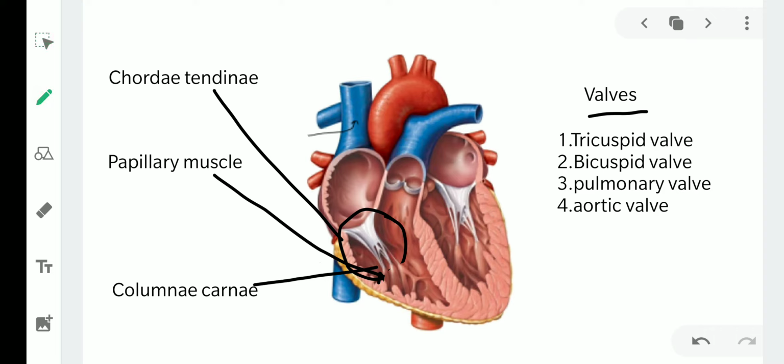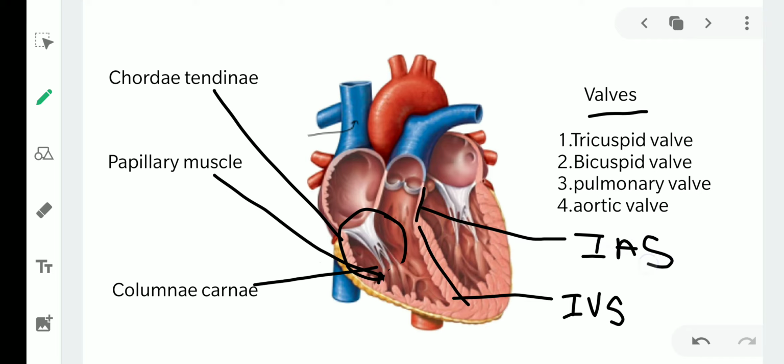Now let's talk about some septums. Two septums we will see here. One is this one, which separates the two ventricles, so it is known as the interventricular septum. And this small one, which separates the atria, is the interatrial septum.